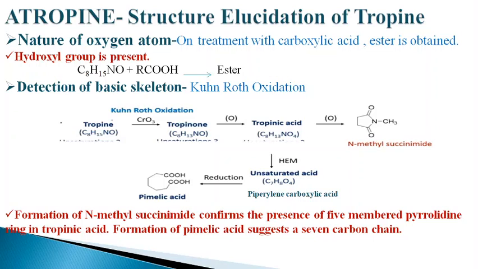Next step is the nature of the oxygen atom which is present in tropine. As tropine contains one oxygen atom, what is the functionality of this oxygen atom? It is determined by chemical reactions. Tropine, on treatment with carboxylic acid, forms an ester, which means that a hydroxyl group is present in tropine.